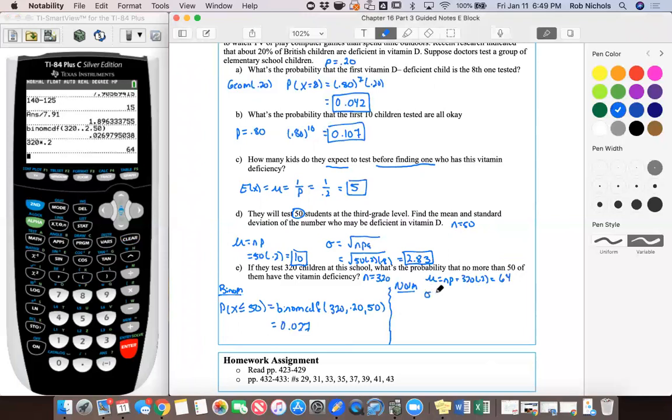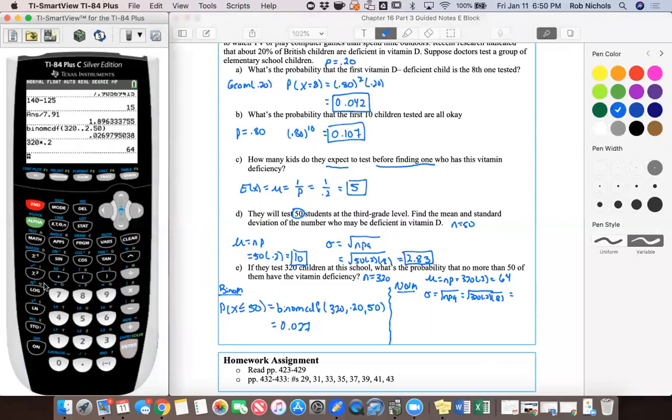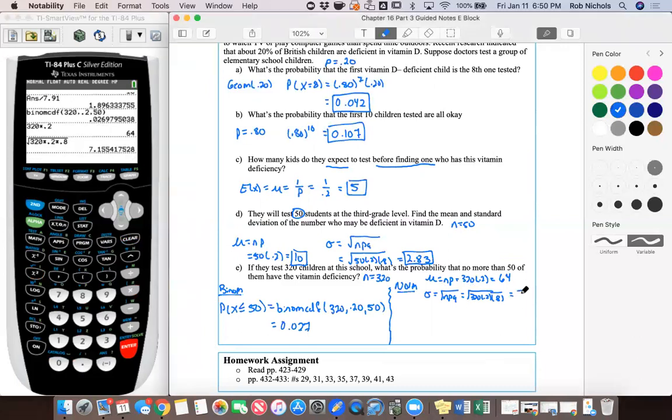Then we want a standard deviation, the square root of npq, which is the square root of 320 times 0.2 times 0.8, which equals, let's say, 7.16.